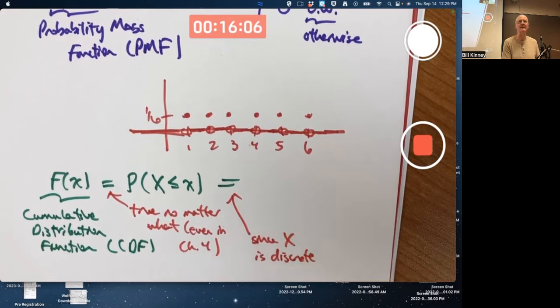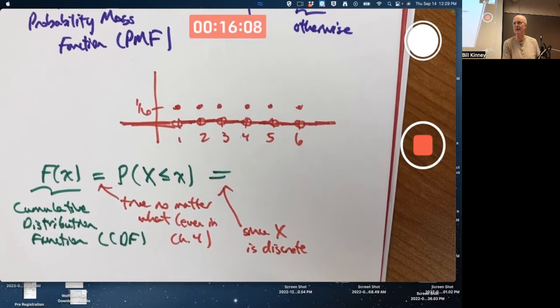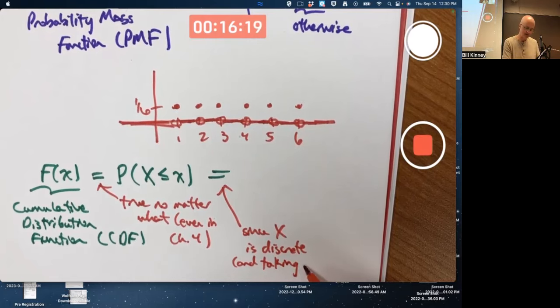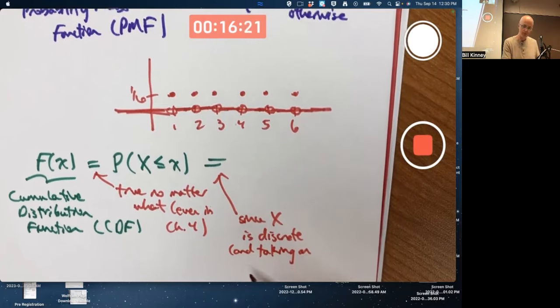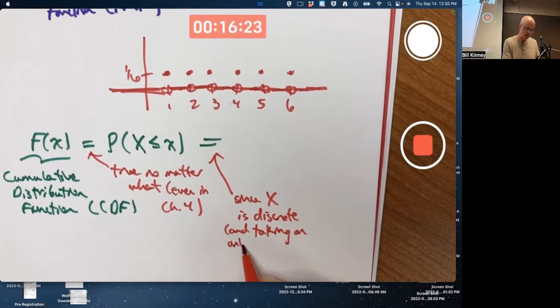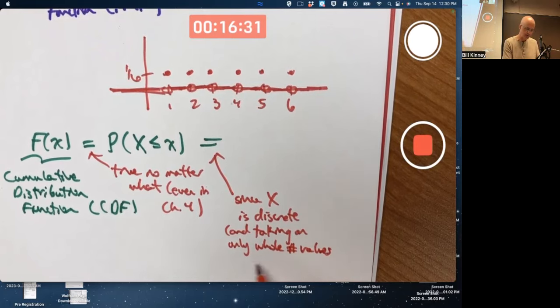And it's also only going to work because it's taking on whole number values with positive probabilities. I have to be a little bit more careful if it was not the case. And taking on only whole number values, integer values, with positive probabilities.